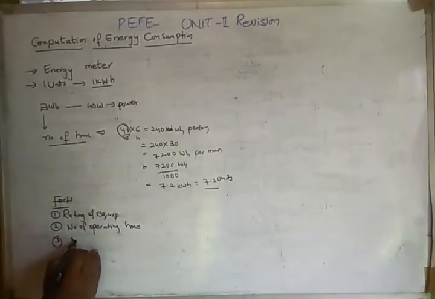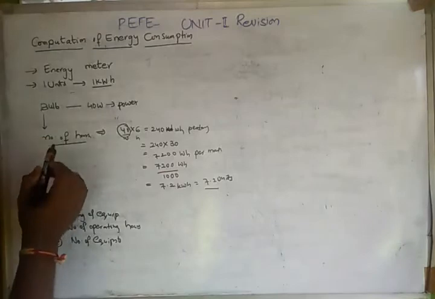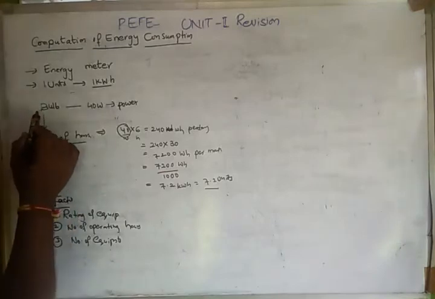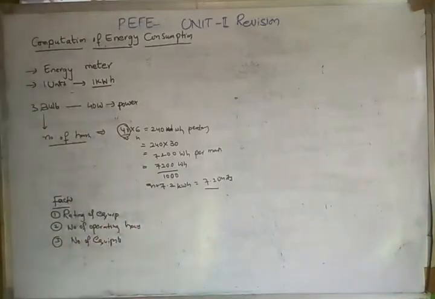And finally, the number of equipments. For example, we have only one bulb; if the bulbs increase, the consumption increases with the number of bulbs. These are the three very important factors.